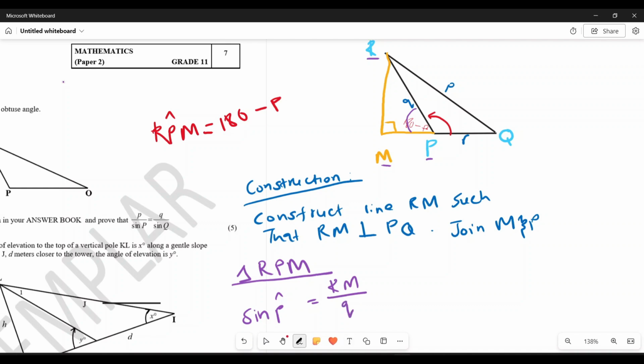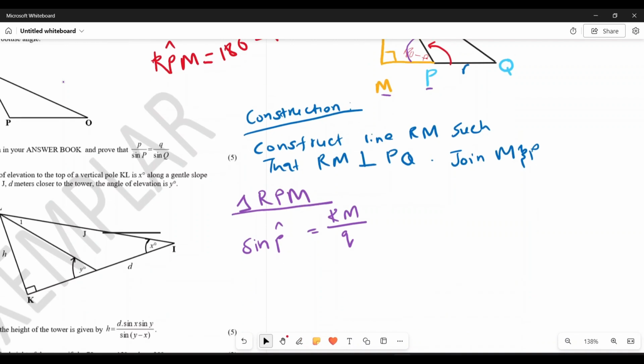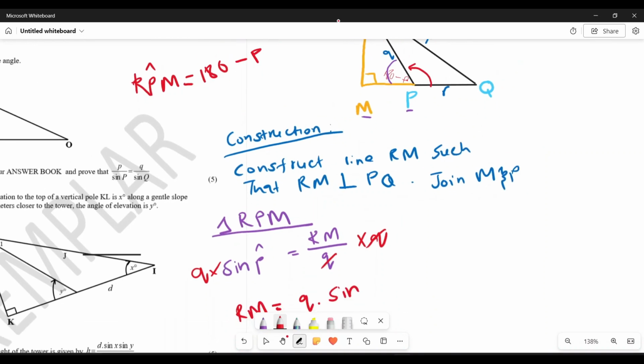Now I'm going to try to make this in terms of RM, right? And how am I going to go about doing that? By simply multiplying both sides by q. So if I multiply both sides by q, my RM is equal to q multiplied by sine. But remember, this angle right over here, we have calculated it as 180 minus P, right? Now, going back to our CAST diagram, we need to reduce this.